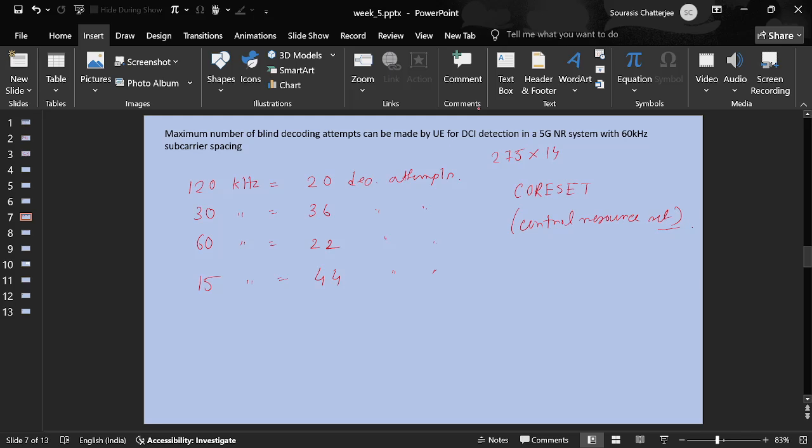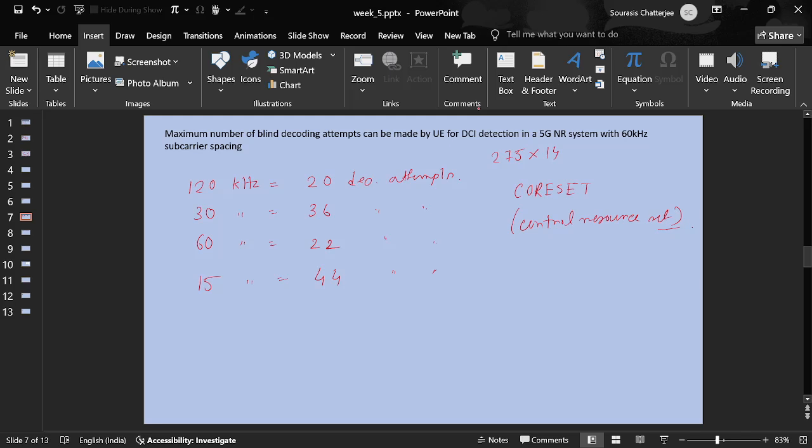If I talk about a very common scenario, CORESETs usually appear within the first three symbols, as you already mentioned. Can you tell me about one exception where a CORESET may appear somewhere in the middle of the slot? Is that possible in some exceptional scenario? Yeah, for URLLC it can. Yes, it is possible.